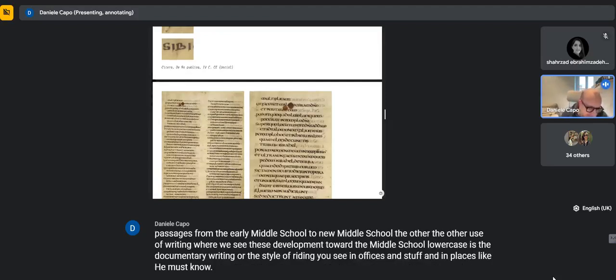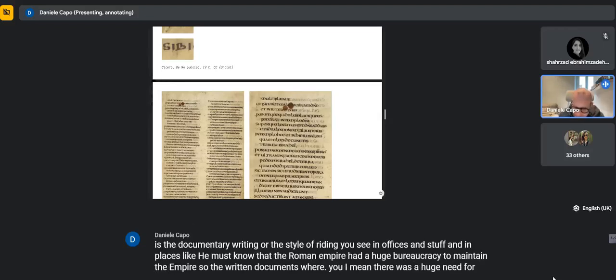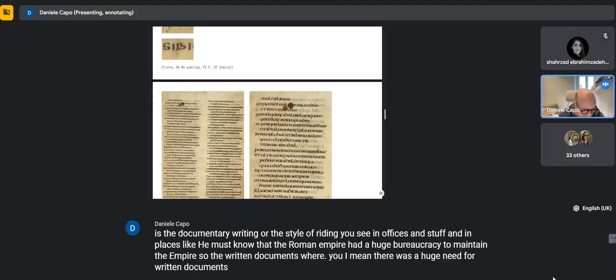You must know that the Roman Empire had a huge bureaucracy to maintain the empire, so there was a huge need for written documents for trade and so on.